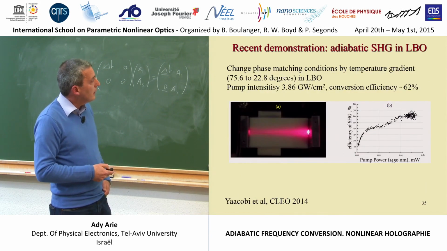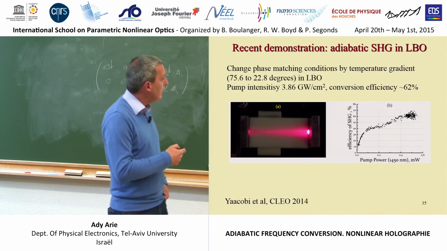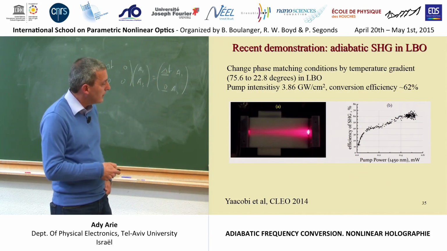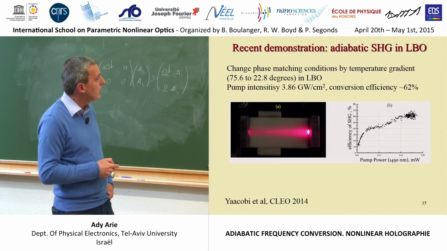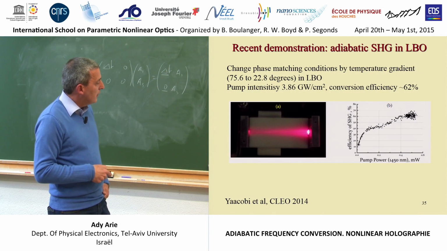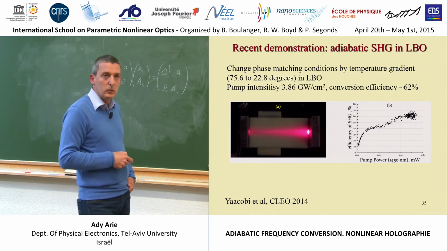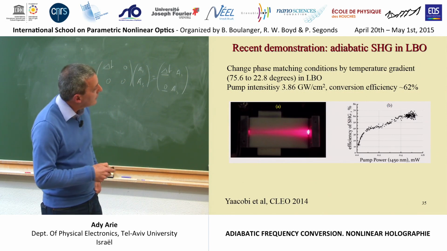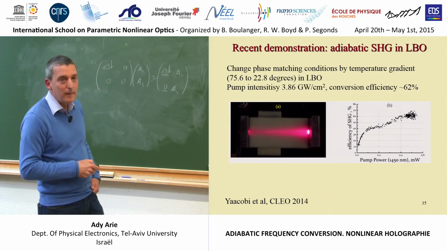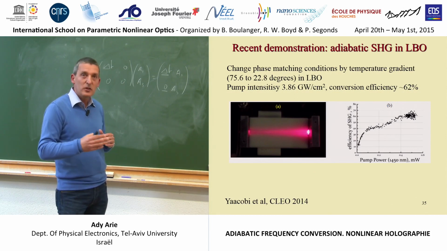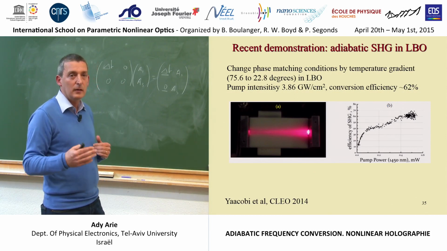Okay, so this was really recent. There was a report in the last CLEO. I didn't see the paper yet. I don't know if it's coming or not. And this was done by Jacobi, who is the first author, in the group of Roberto Morandotti. In this case, I don't know if you can see, there is an LBO crystal, and the change in delta K is achieved by a temperature gradient.